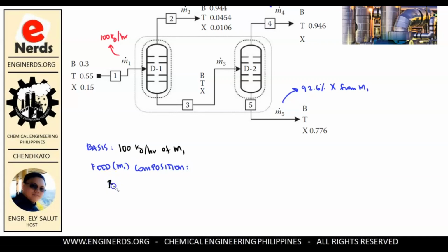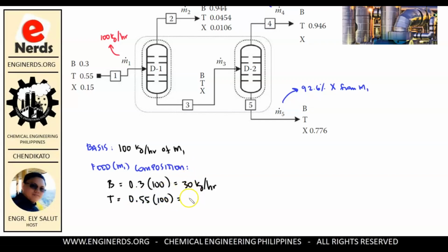So, our benzene is equal to 0.3 times 100, which is equal to 30 kilograms per hour. Our toluene is 0.55 of 100.